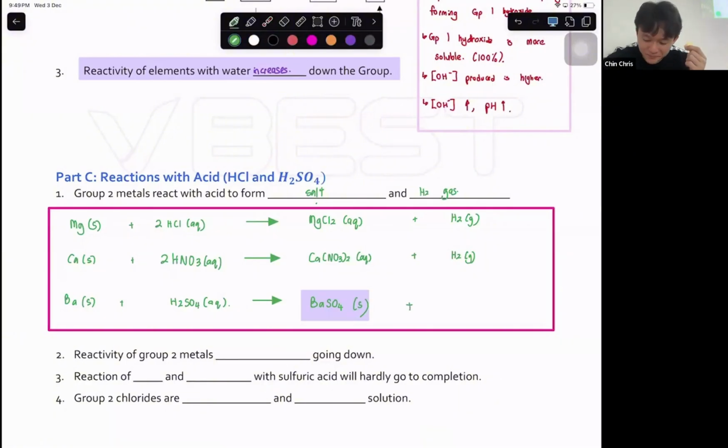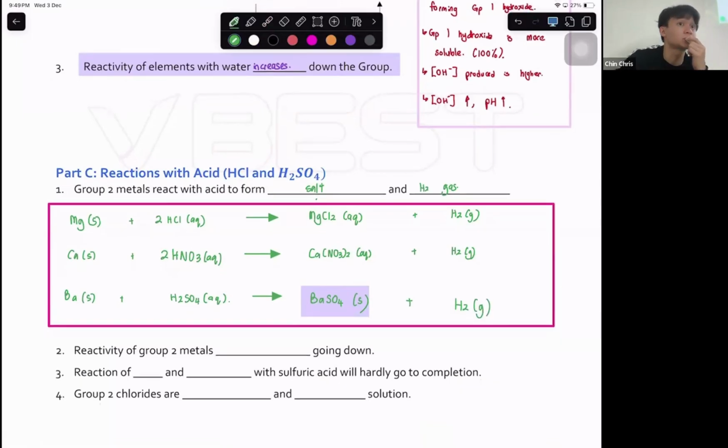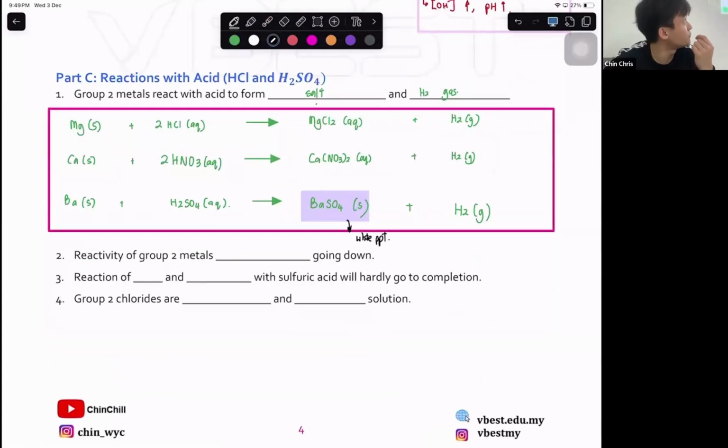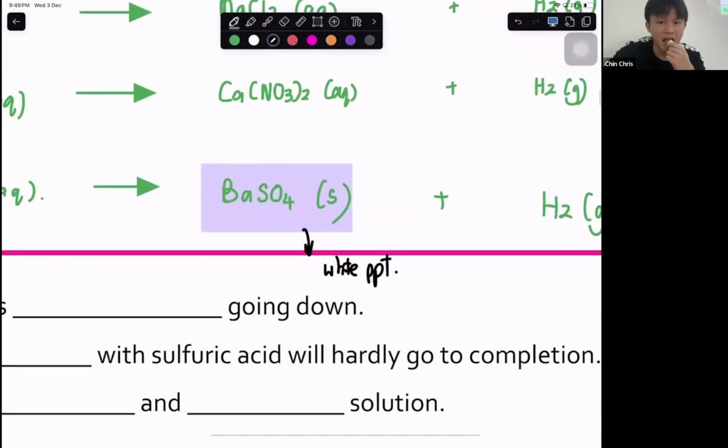BaSO4 plus H2. Remember that barium sulfate is a solid. Color of barium sulfate, guys? Yes, white ppt. This is the most popular ppt. Precipitate.